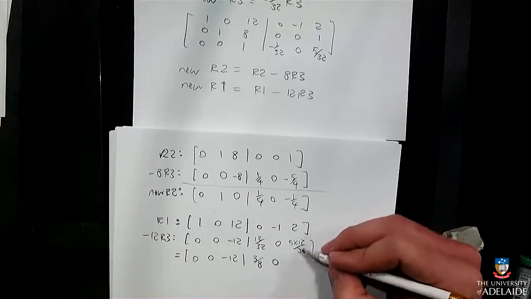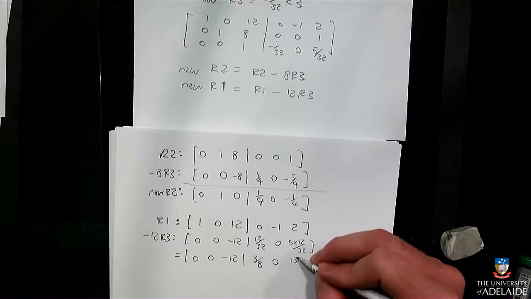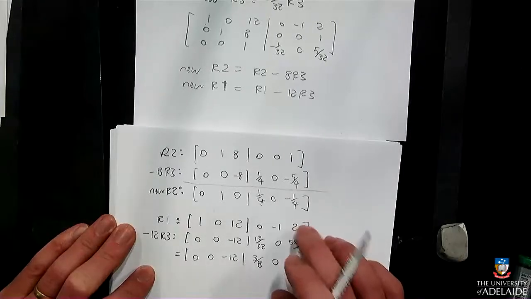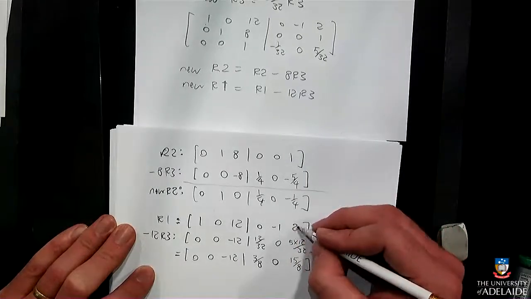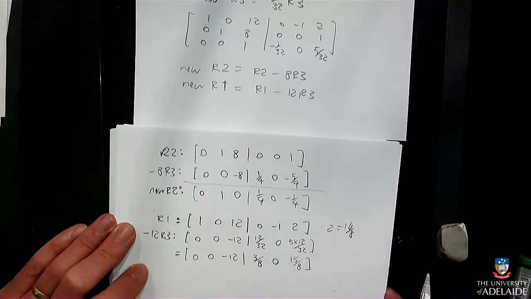I could divide both of these by, and that's still 3/8. And so that'd be 15 over 8. Okay. And the 2 would be 16 over 8, wouldn't it? Just to make my subtraction a little easier.